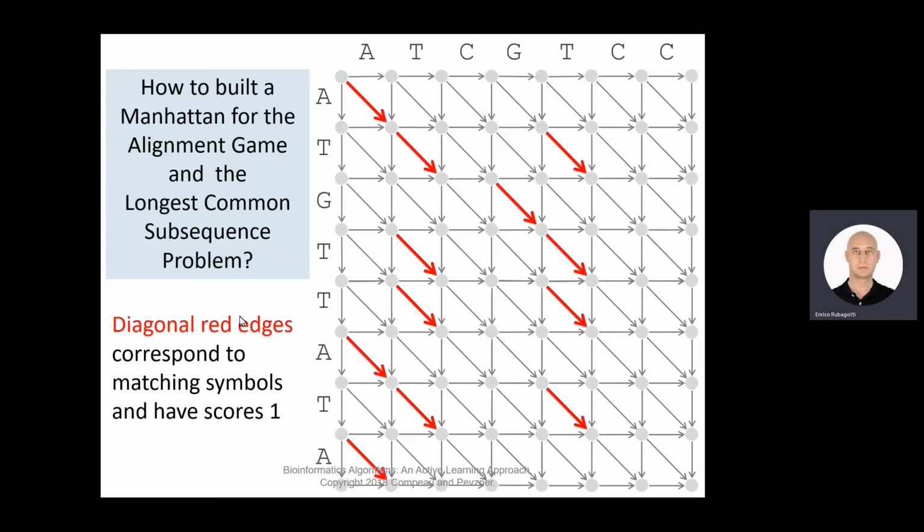I'm sure that this alignment is going to pass in the red arrows that are very easy to identify because they are the ones in which the column and the row are identical. AA, TT, TT, GG, and going forward. These are the only positive arcs.